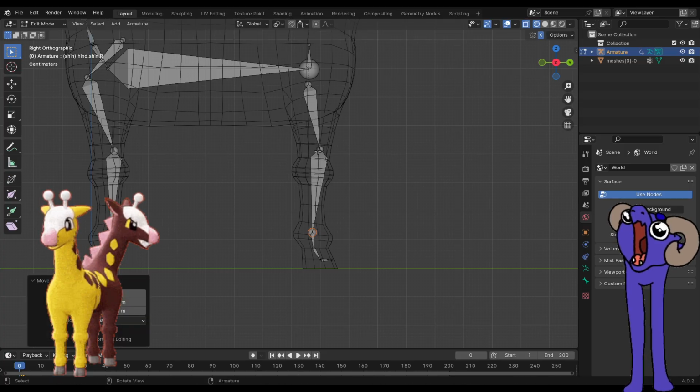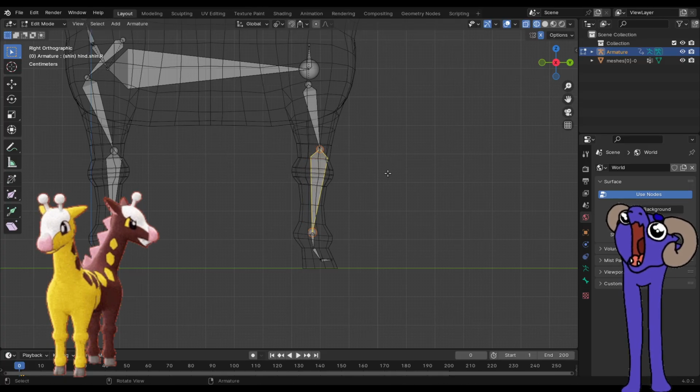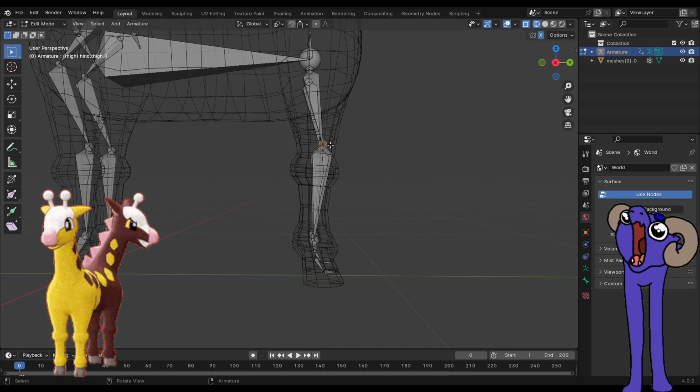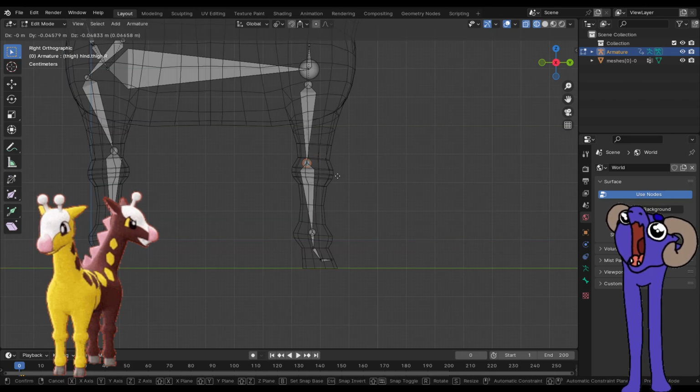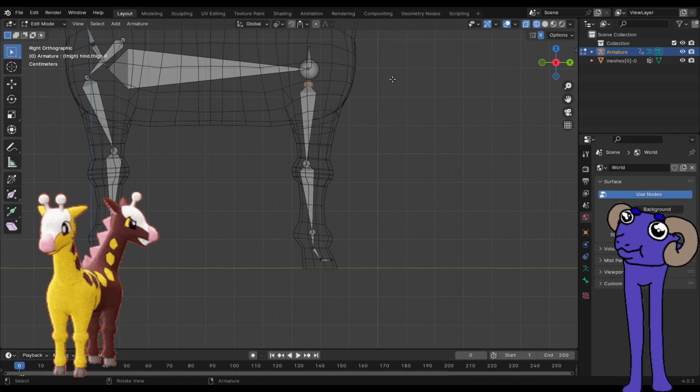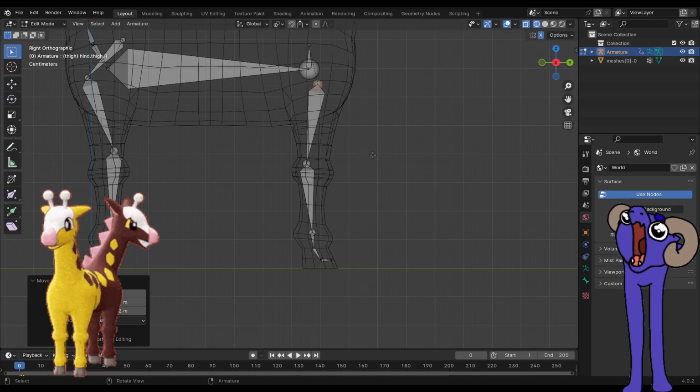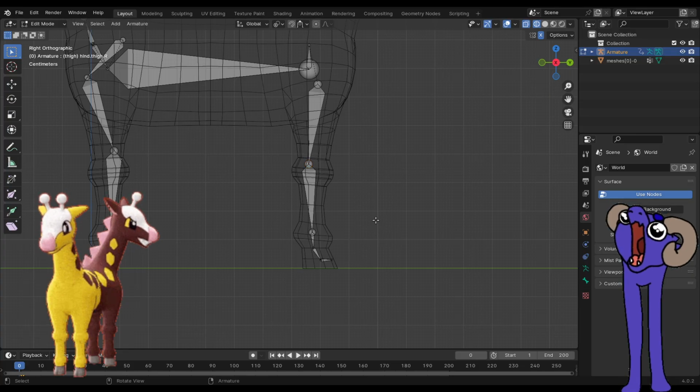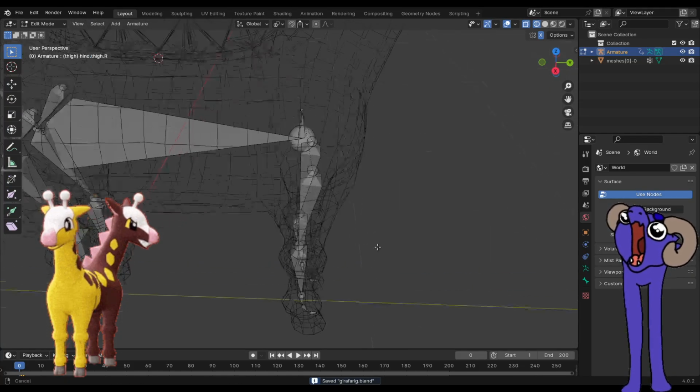This one can go down here instead, and then this one can go down like... Oh, jeez. And this one can instead go here. That's fine. And now we just hope that when we put this into Blender, it does actually work.